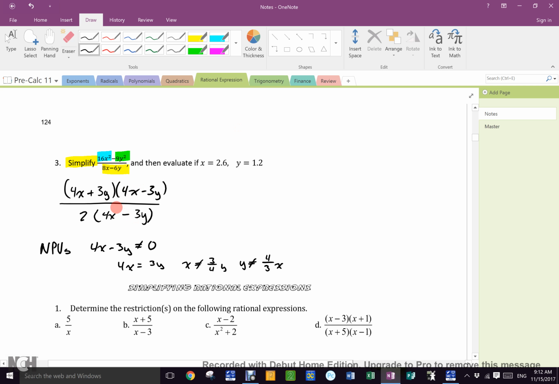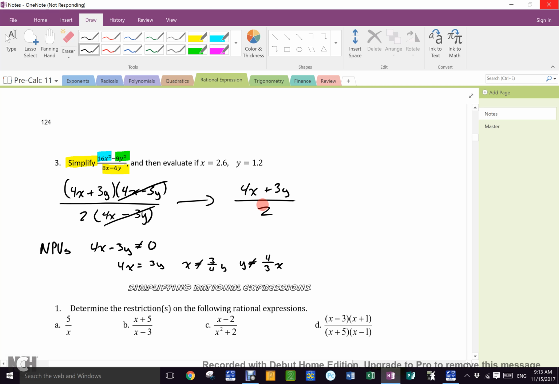What am I allowed to do here now? Cancel. What's left? 4x plus 3y over 2. Now somebody always says, why can't I cancel there? What's the answer? Because you can't cancel on the 3, can you? This is all one thing.